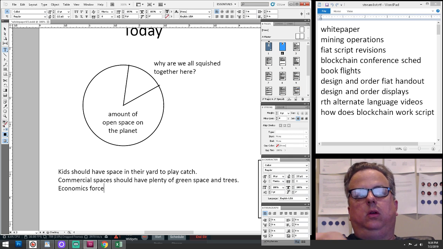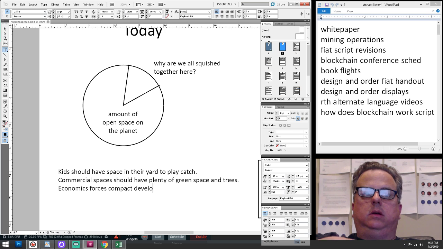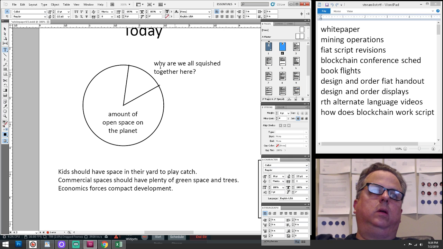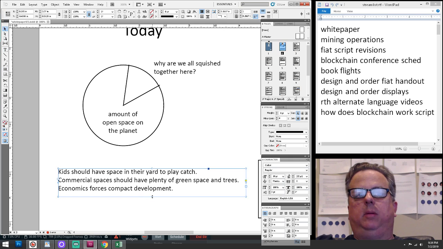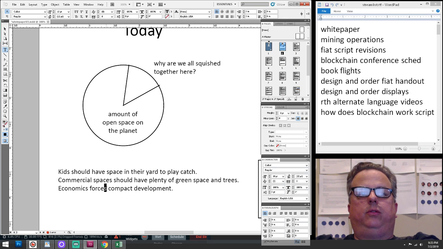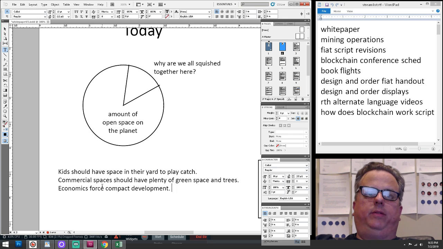Economics forces compact development. I'm not sure if compact is the right word there.